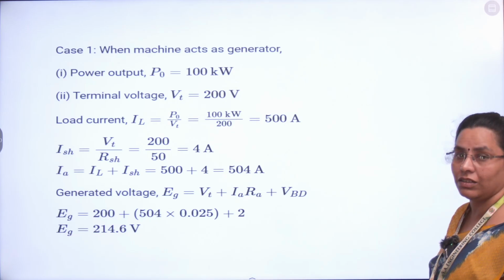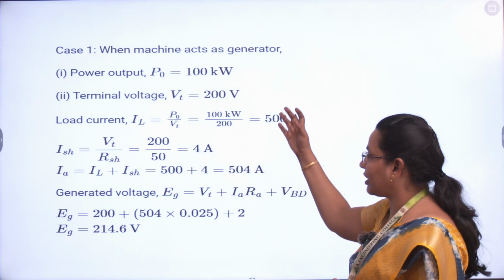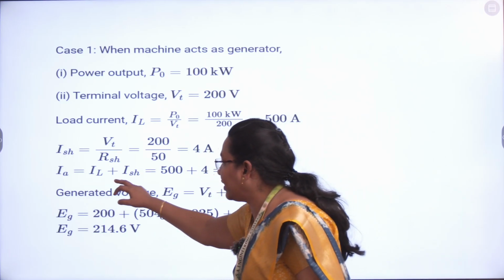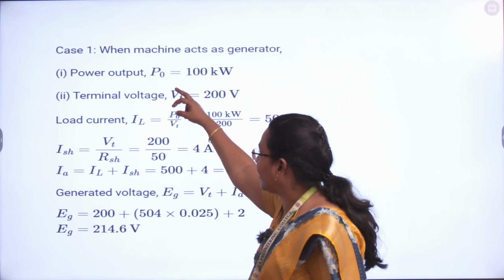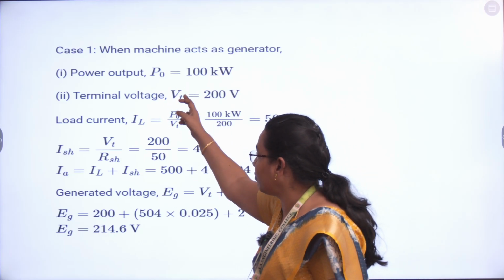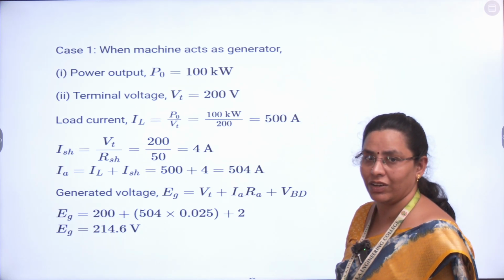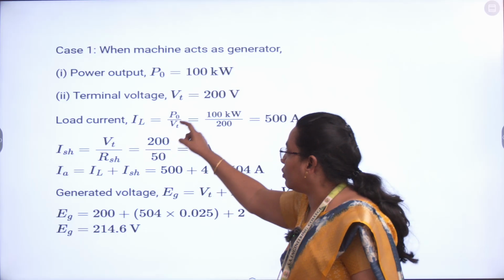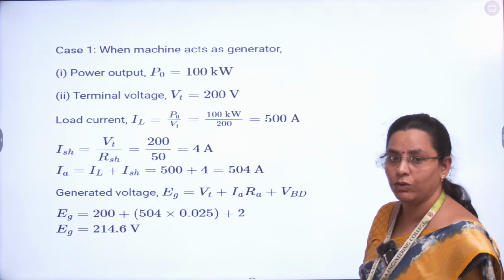So first case, when the machine acts as the generator, IA equal to IL plus ISH. So the given data is P0 and Vt, and from that we have to find the load current. We don't know the load current value. Based on the data, IL equal to P0 by V, power divided by voltage.